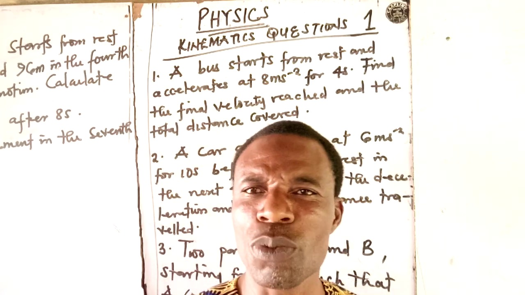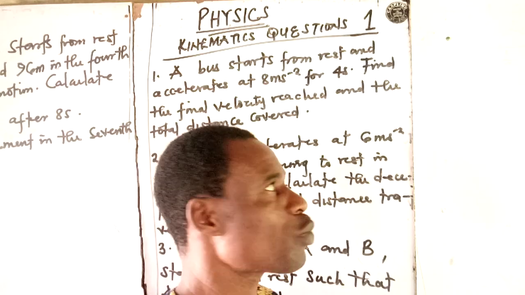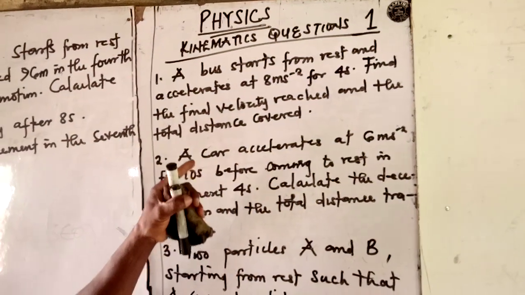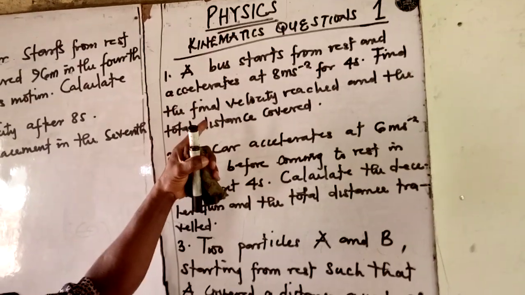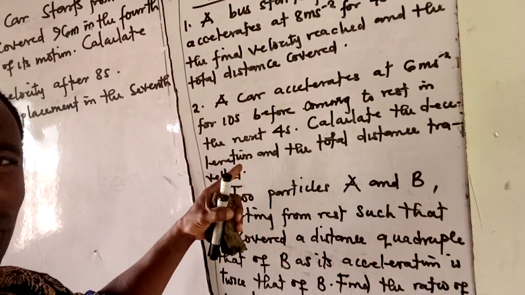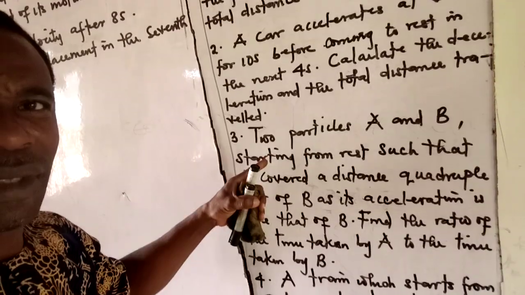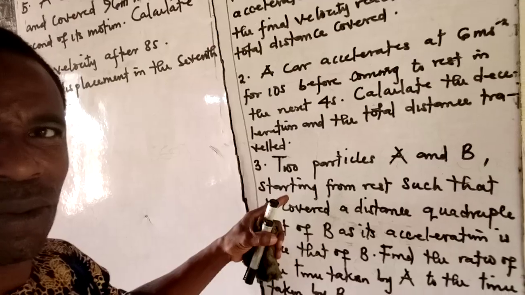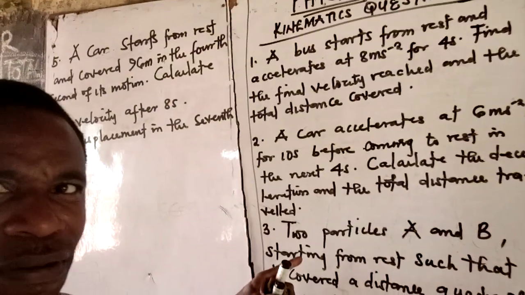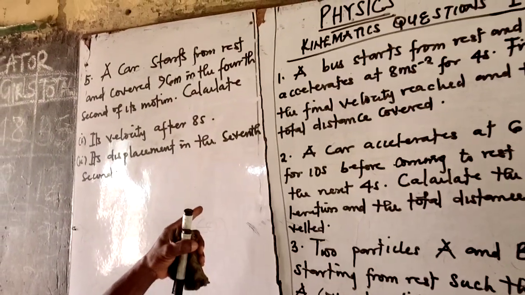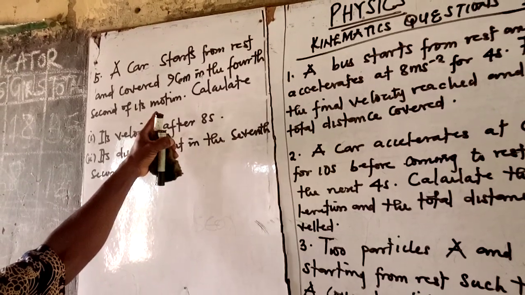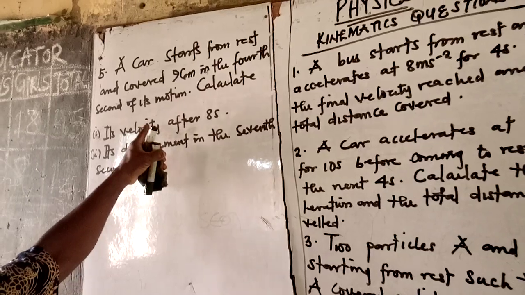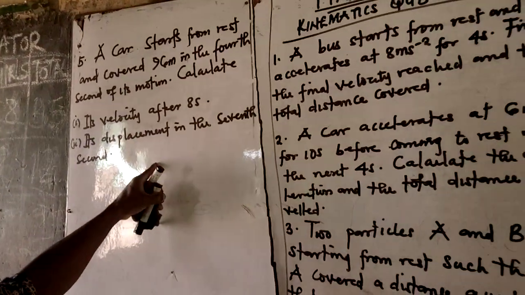Okay, now let's move on. These are the questions we want to solve today. You can see question 1, question 2, question 3, question 4, and question 5, with 5A and 5 Roman figure 1 and 5 Roman figure 2.